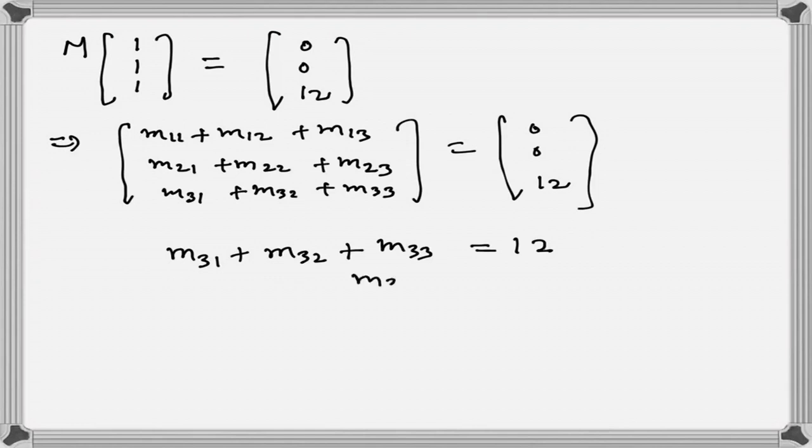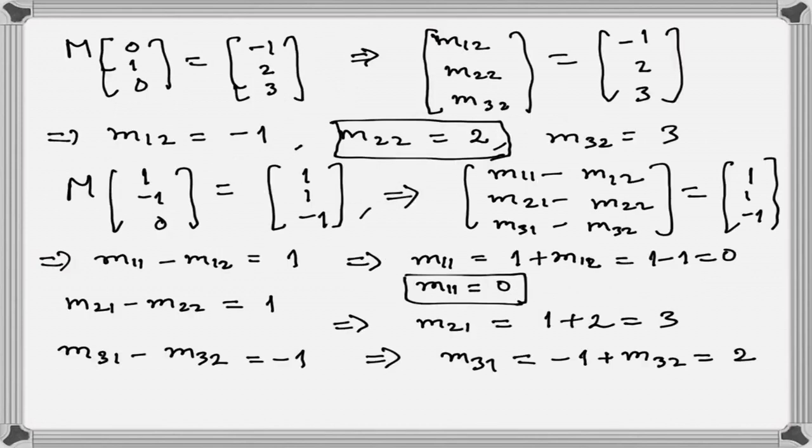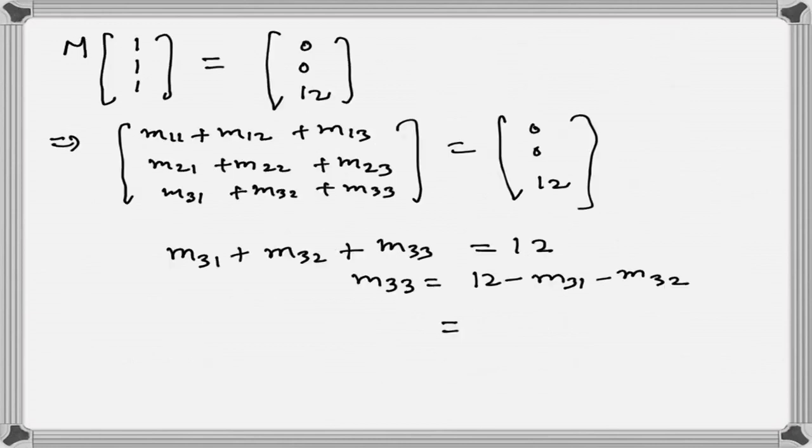So M33 is nothing but 12 minus M31 minus M32. And what is M31? Let me just see from the previous one. M31 is 2 and M32 is 3. So 12 minus 2 minus 3, it is 7. So we get M33 as 7.